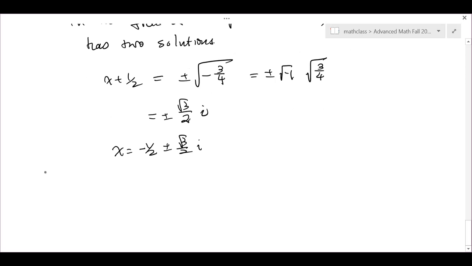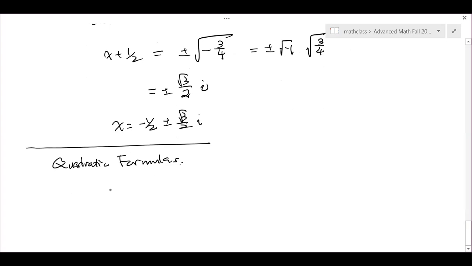Now, have you heard about the quadratic formula? It says that if you have an equation here, where a, b, c are real numbers, right?